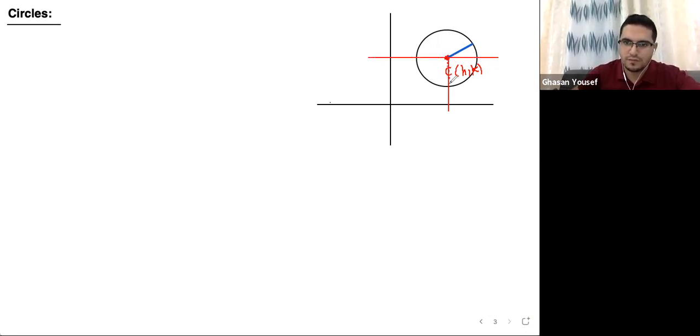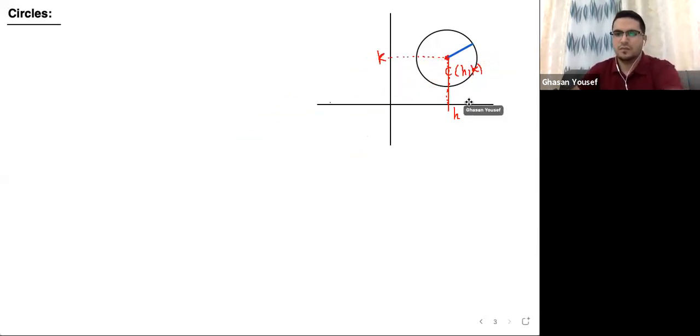This point is H, and this point here is K. Here's my H. So the x coordinate is H, and the y coordinate is K. This is the center.